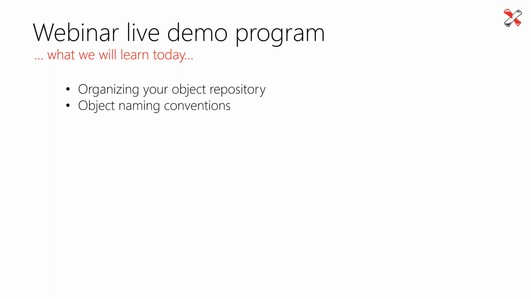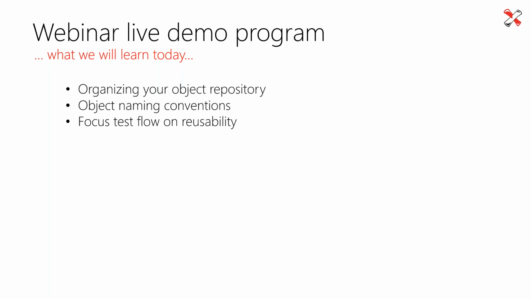And kind of fitting exactly with that same subject is using good naming conventions. Especially if you're working in teams, having an object repository that's well organized, but also objects in there that are well named, makes it very easy for everyone to basically know what that object is really referring to.